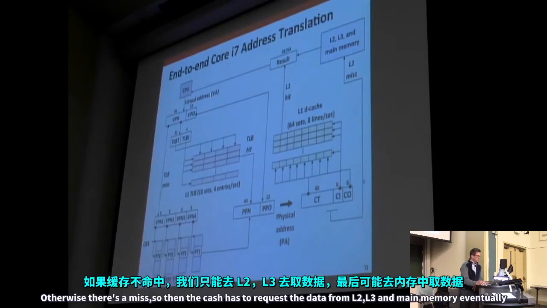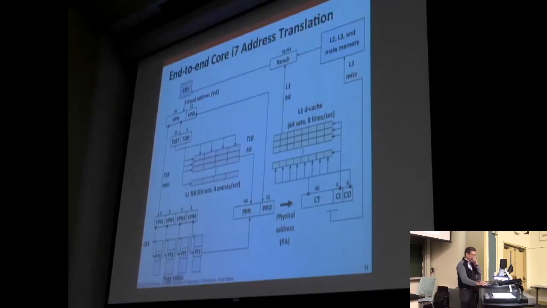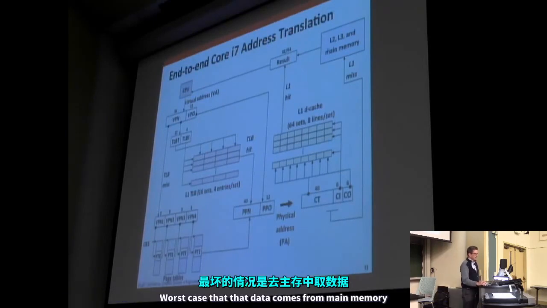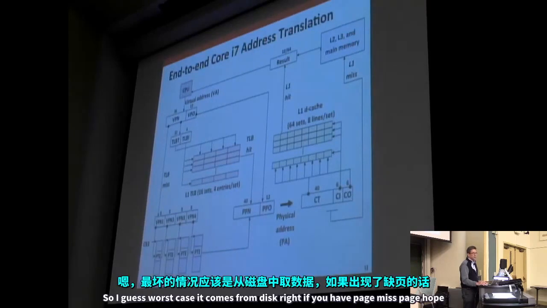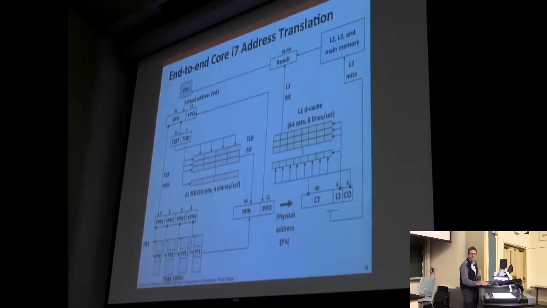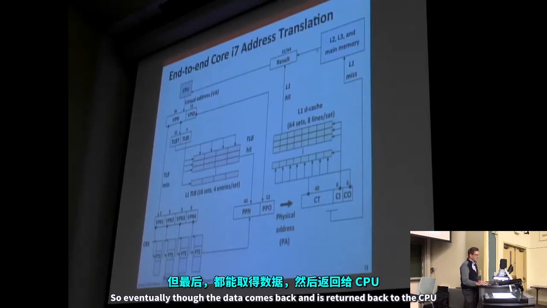Otherwise, there's a miss, so the cache has to request the data from L2, L3, and main memory. Eventually, worst case, that data comes from main memory. Well, I guess worst case, it comes from disk, if you have a page miss, a page fault. So eventually the data comes back and is returned to the CPU.